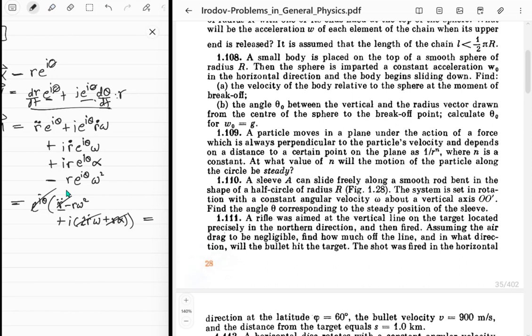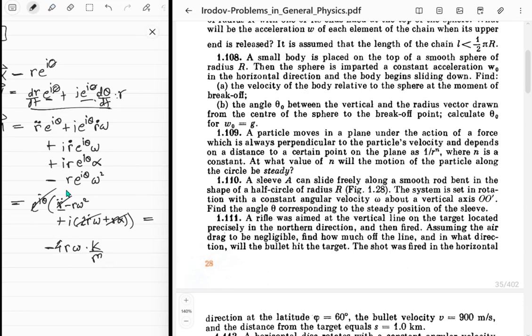It's just going to be i r omega, and that times, once again, just i. Oh yeah, it's going to be negative 1. Wait, what? No, that can't be. And that times this force, which is just k upon r^n.